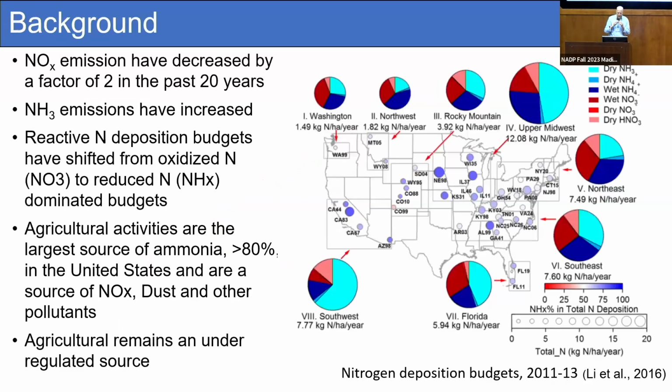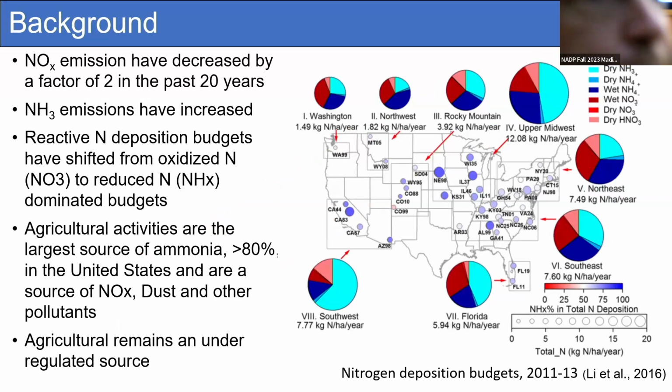So here's the motivation and background slide. It's already been said, it's well known. Regulations have been very effective. Economic shifts, changes in fuel prices, and the Sierra Club have resulted in large decreases in emissions of precursors to air pollution.